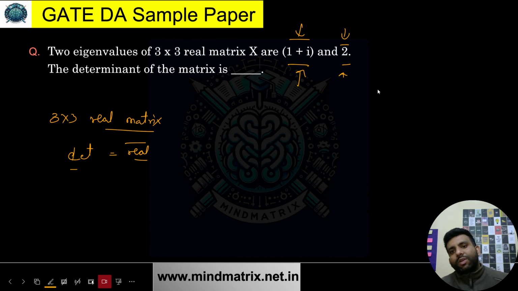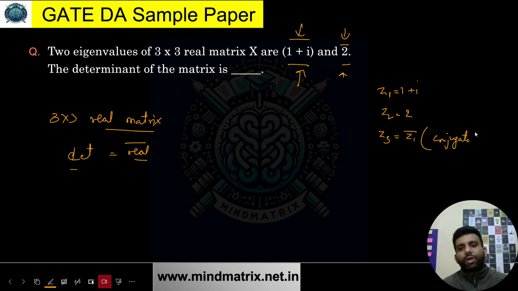So if z1 is 1 plus iota, let's say z1 is my first eigenvalue, and z2 is 2, then z3 is going to be nothing but the conjugate of z1. If you have studied a bit of complex numbers, then you know this.